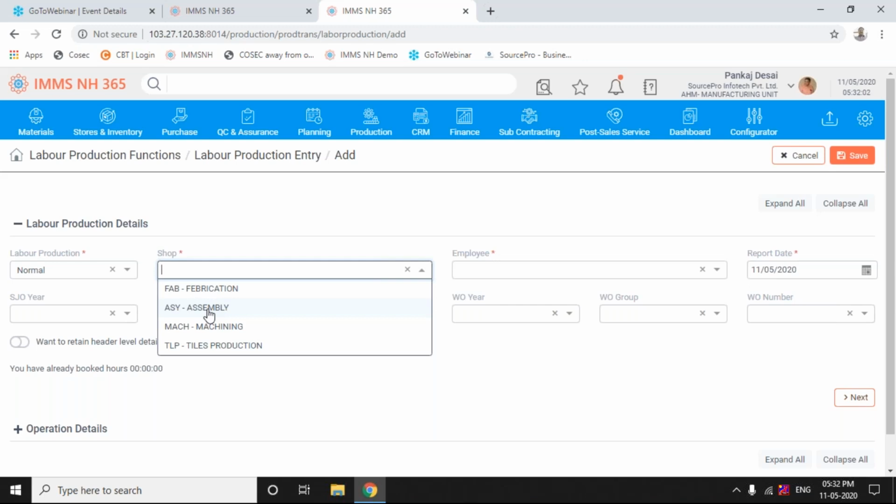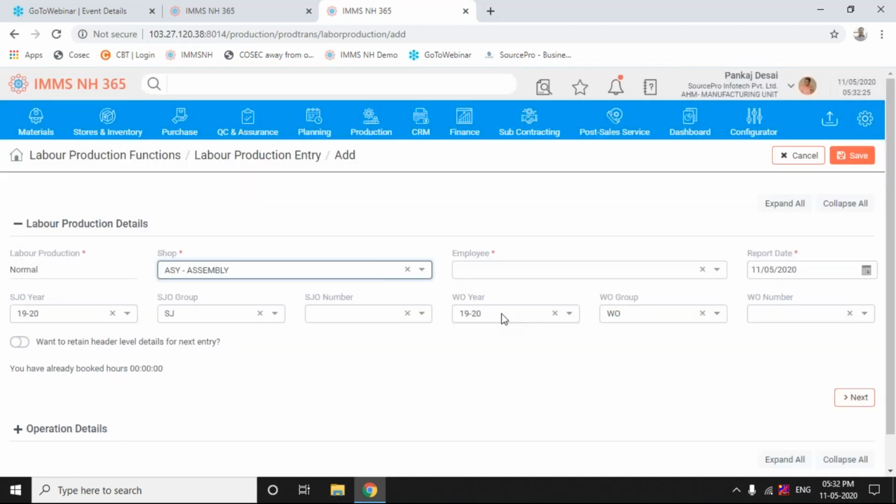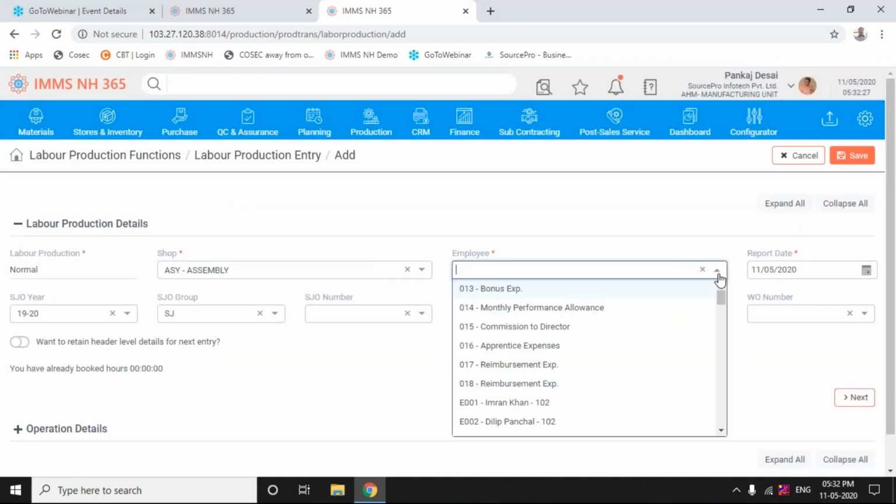For each individual, if the company chooses to put the time data for each individual on the shop floor, then it can do it for every day, or for the work orders or job cards on which he has worked. In which shop did he work, which employee, on which date, what is the date on which the production activity was performed.